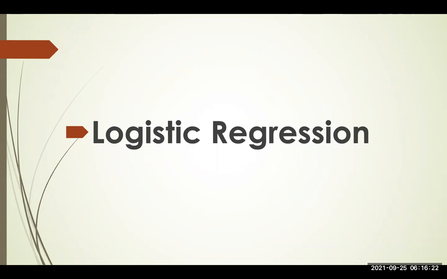And then we said there are 3 types, but 2 main types of machine learning: supervised learning and unsupervised learning. The third one is reinforcement, but the 2 main types are supervised and unsupervised learning.